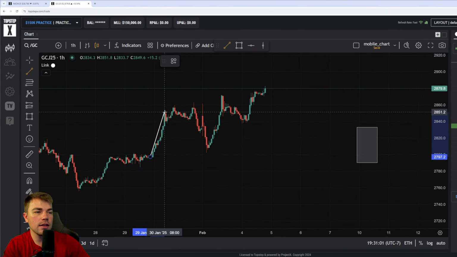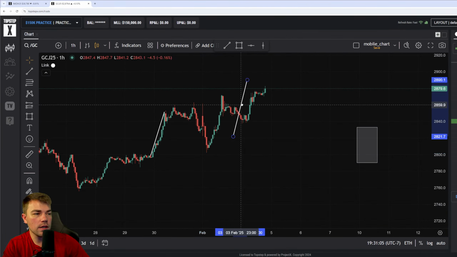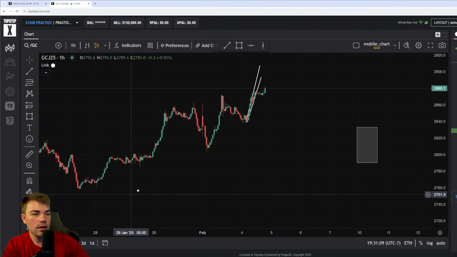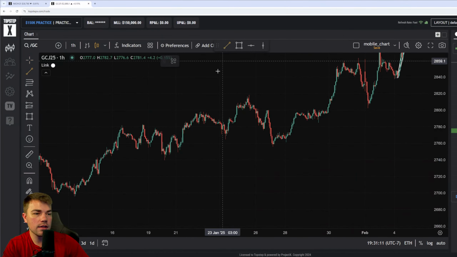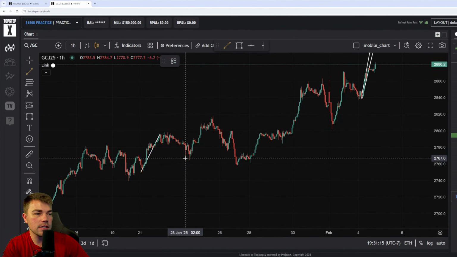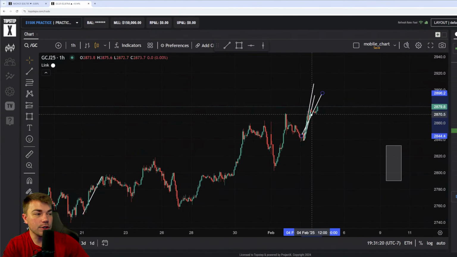When we get a nice rally, how far do we move? Could we realistically expect something similar? Well, I could go back and test it and see when we do get a nice rally, how far does this market move, and basically do the same thing.